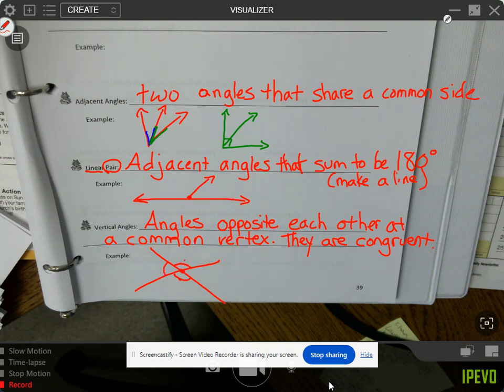So that means this angle is congruent with this angle. So notice how those arcs match up with each other. One arc to one arc, we know they are congruent. They are the same measurement. The two arcs is congruent with the two arcs. They are the same measurement.